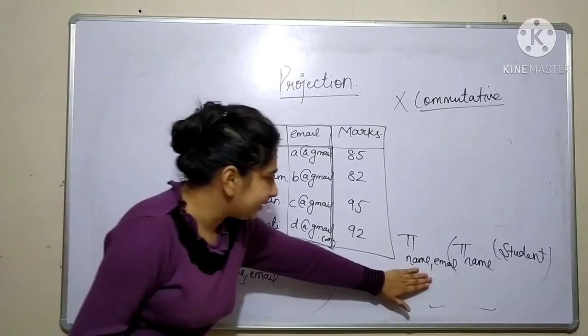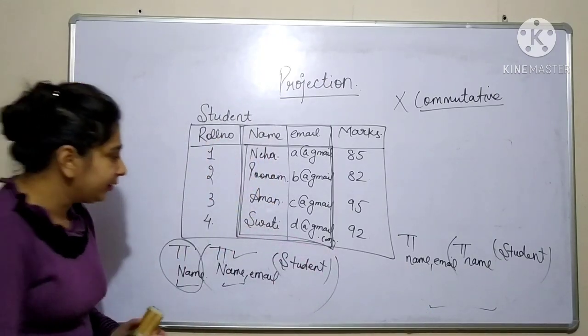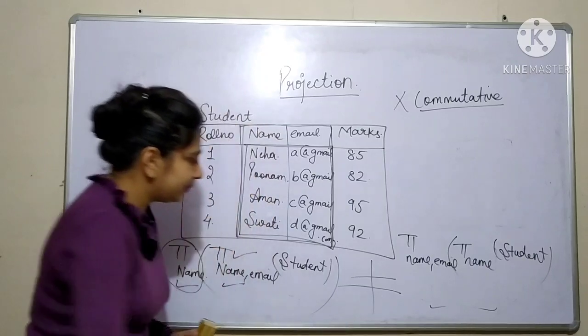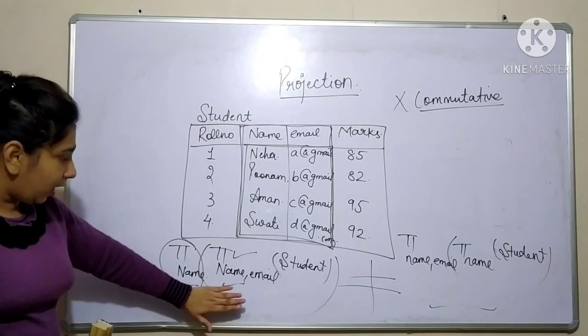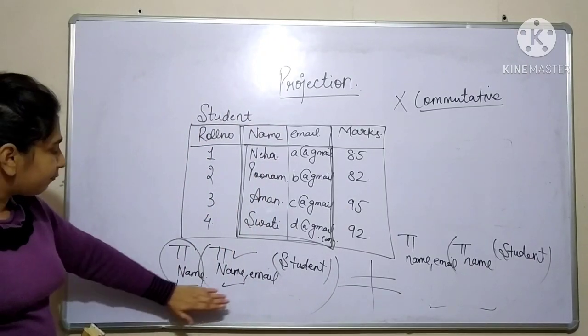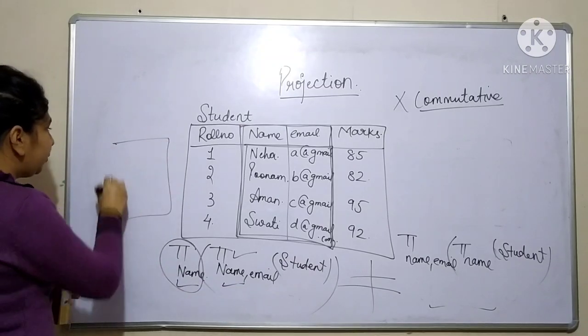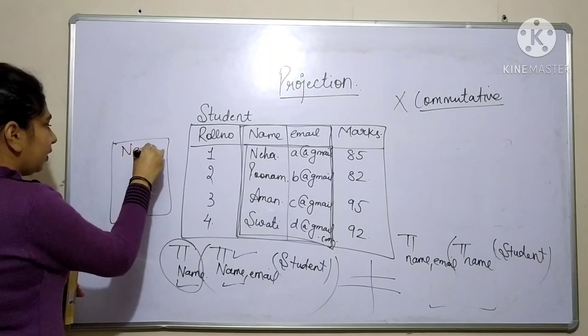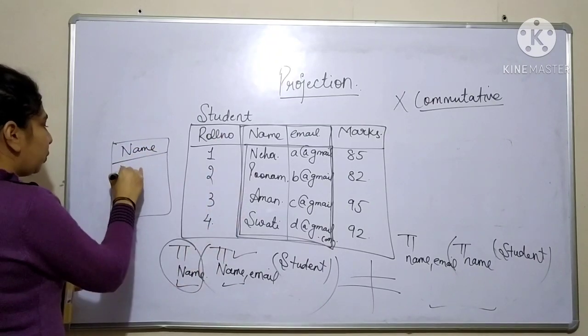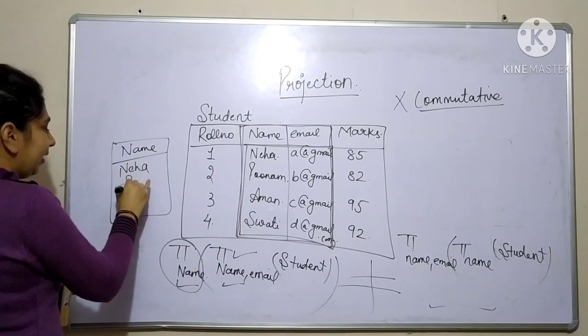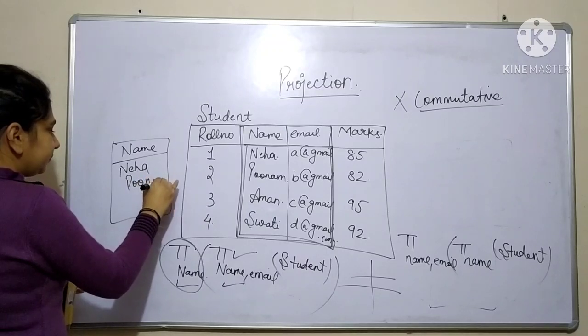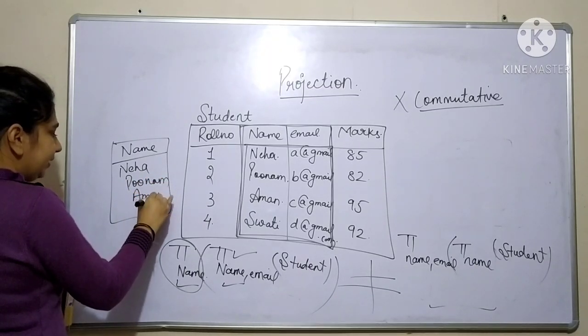If you look at it, these 2 are not equivalent. Why? Because when we performed these 2 projection operations, the output was name. All these 4 names we were getting: Neha, Poonam, Aman and Swati.